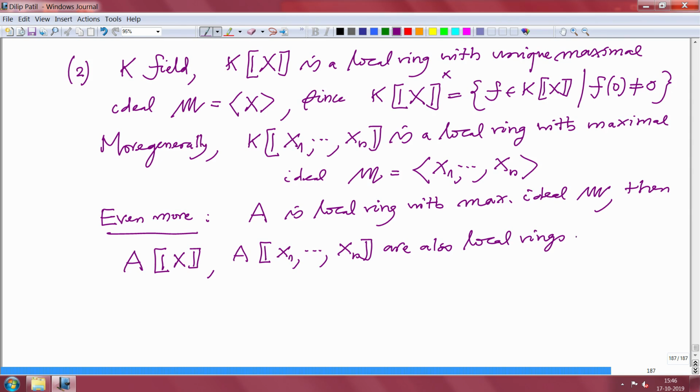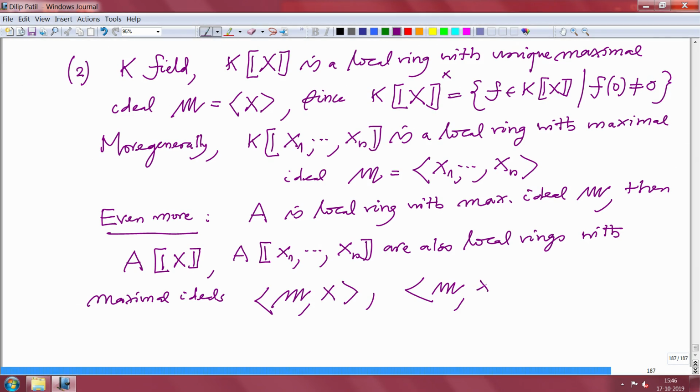And what are the maximal ideals? In this case, take the maximal ideal M of A along with that variable x, and in the several variable case, maximal ideal M along with the variables. These are the only maximal ideals in these power series rings, and that will also follow from the explanation.